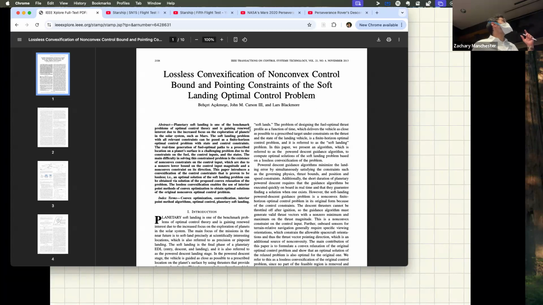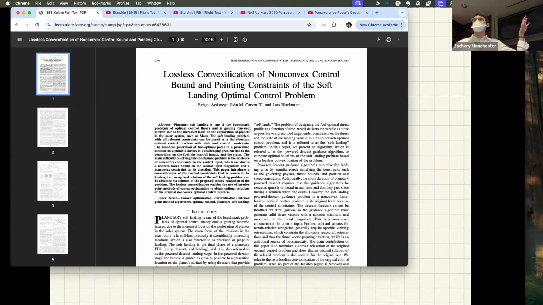And this paper is again a huge deal, a seminal result from 2013. It basically shows you how to take the very non-convex problem of landing a rocket and magically convexify it, such that it turns out to be a convex MPC problem that you can now solve online, really fast, super reliably, with all the guarantees and all that kind of stuff.